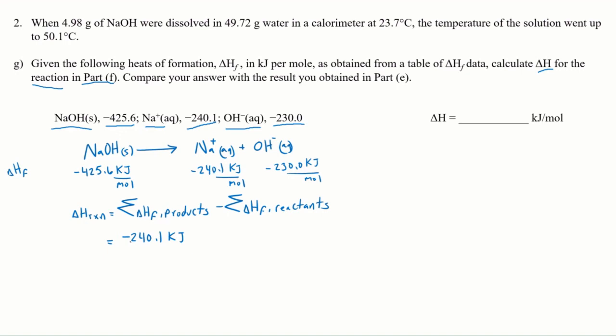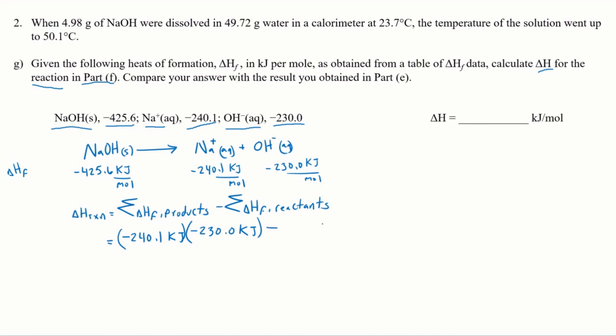So 1 mole will have negative 240.1 kilojoules. The next product is hydroxide. I have 1 mole of hydroxide. Hydroxide has a delta H of F of negative 230.0 kilojoule per mole. So this here also will be negative 230.0 kilojoules, because I have just 1 mole of it.